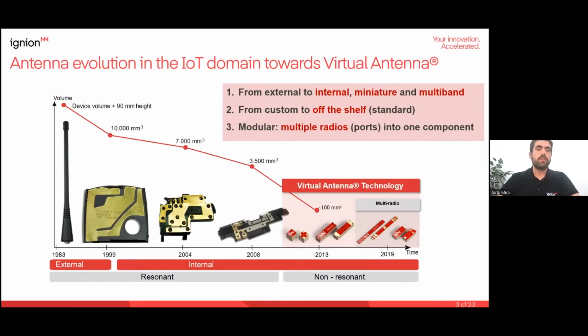So the second inflection point in time was the creation of the virtual antenna technology, 10 times smaller than previous internal solutions, but able to fit in any IoT device. So it can be used on any of your devices for different projects, and also able to fit into any IoT band.